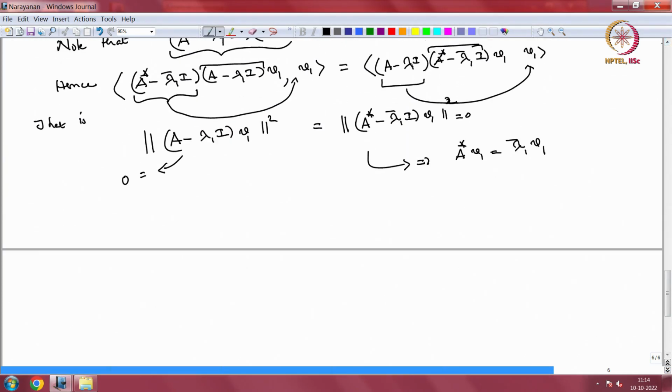Okay. So, we started with A V1 equal to lambda 1 V1, and we showed that A star V1 equals lambda 1 bar V1, right. And we are looking at the orthogonal complement of V1, that is all vectors such that they are orthogonal to the eigenvector V1, right.